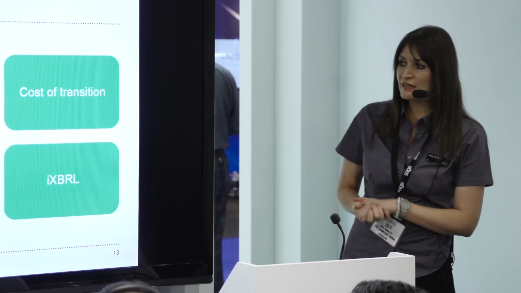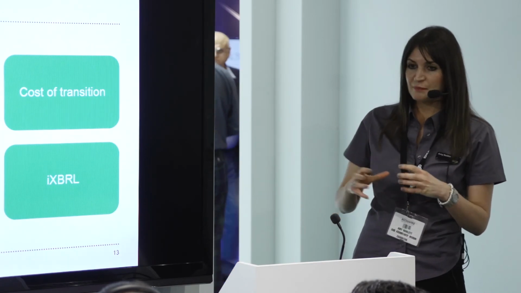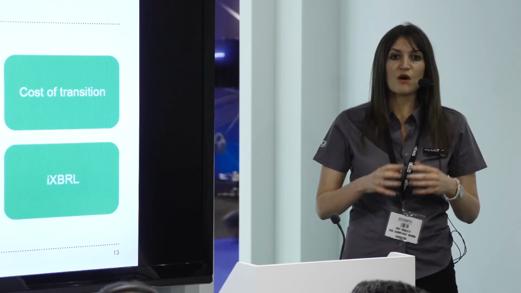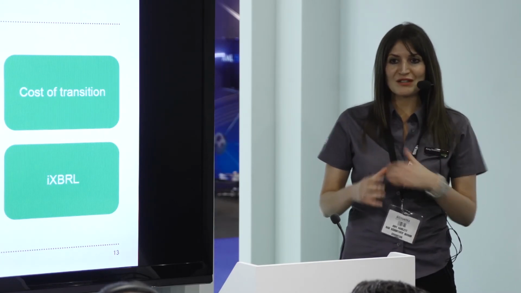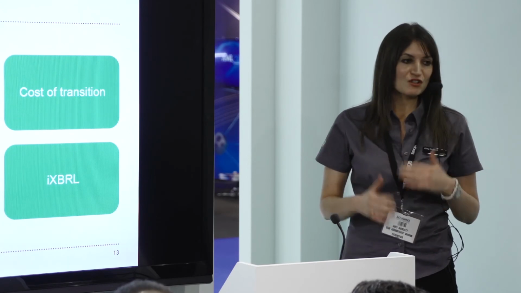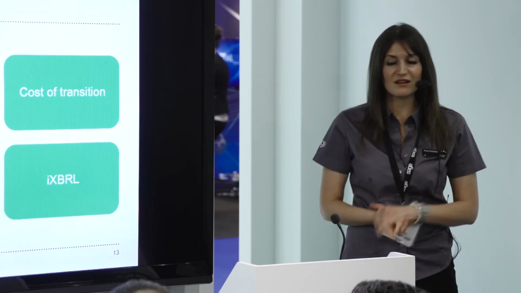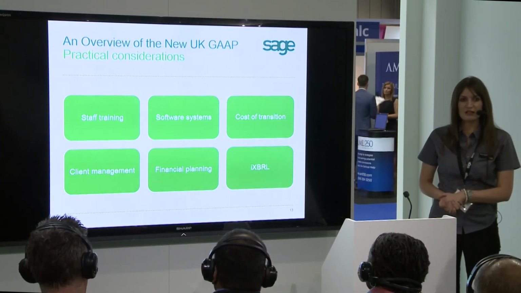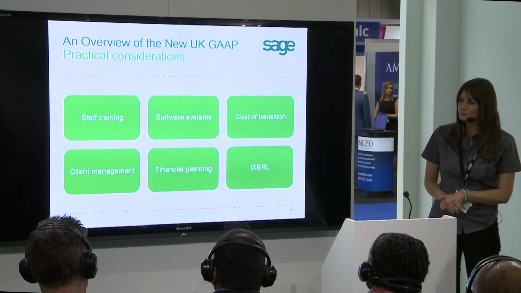And I know when I was in practice, generally a lot of owner-managed businesses knew what their profit was, and then under the accounting standards, changes in accounting policies is going to affect that. So I think that's going to be important in managing their expectations as well.